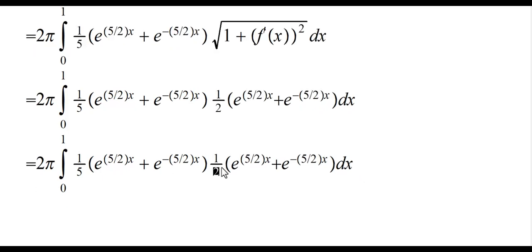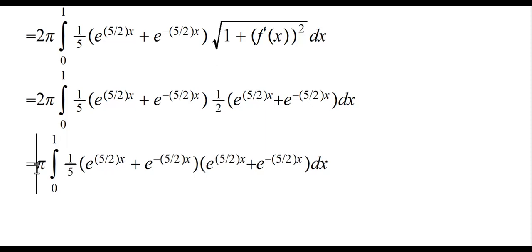You can see this 1/2 will be cancelled by this 2 outside here, because that's a constant. And then we'll simply have this quantity squared. And if you recall, if you go ahead and FOIL it, and before foiling, why don't we just pull that 5 or 1/5 out.